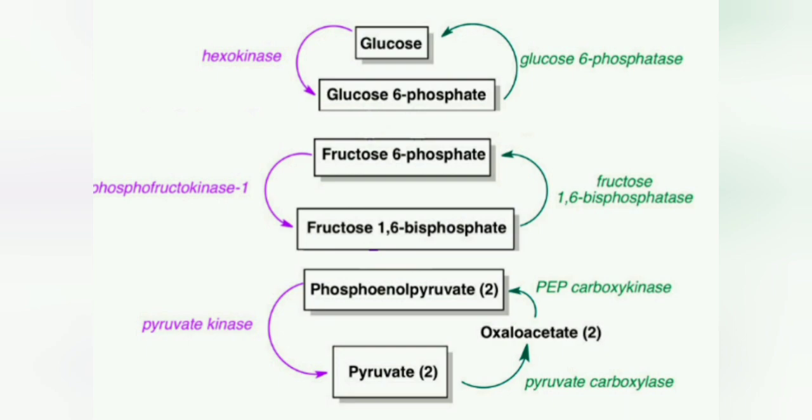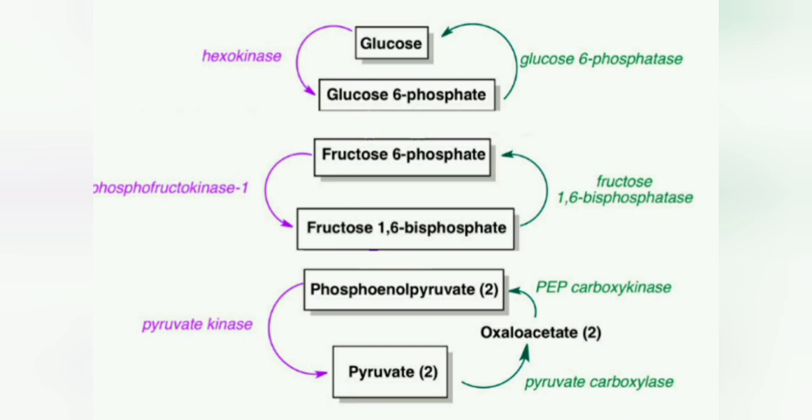This green side of it is showing you gluconeogenesis, while the pink side of it shows glycolysis, where you can see glucose gets converted to glucose 6 phosphate, fructose 6 phosphate, like this. So the pink arrows or the mauve arrows show glycolysis, where pyruvate is the final product, and the green arrows and words show glucose as the final product, or gluconeogenesis.